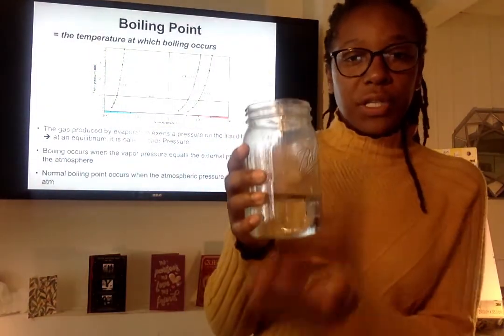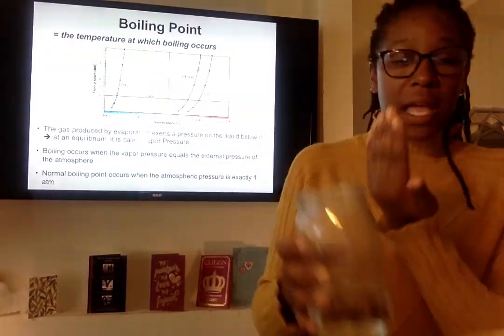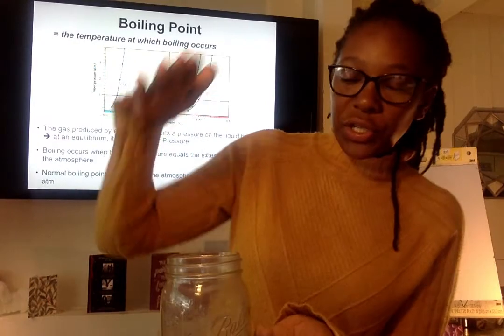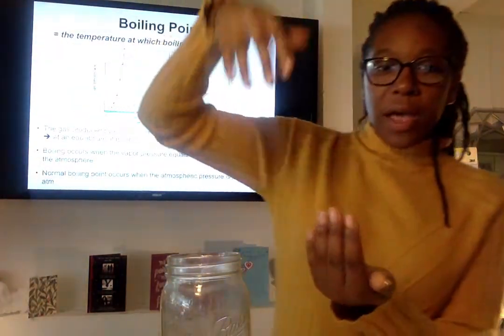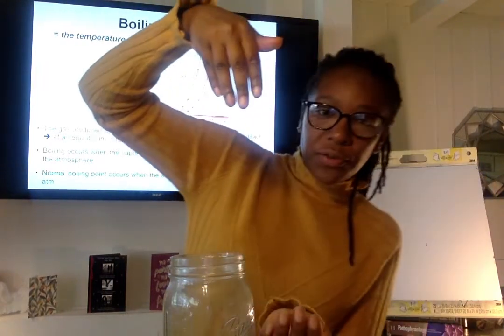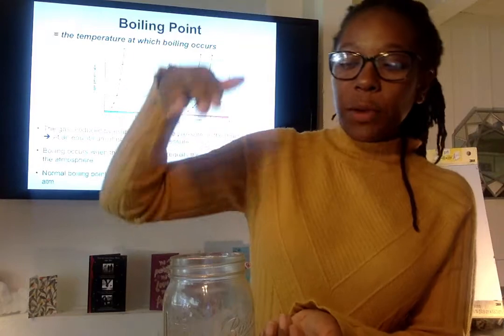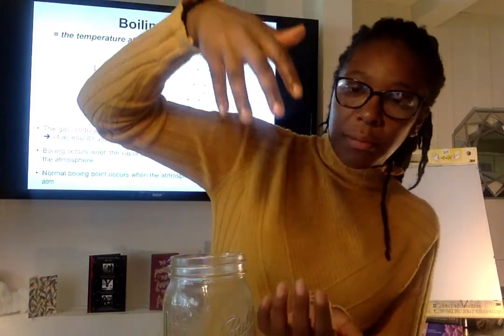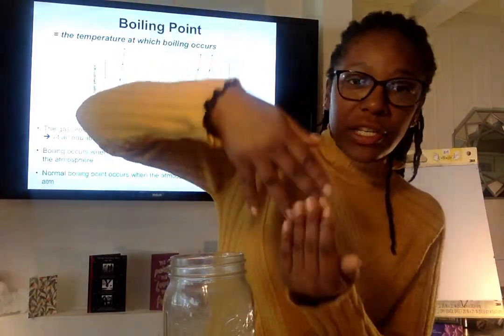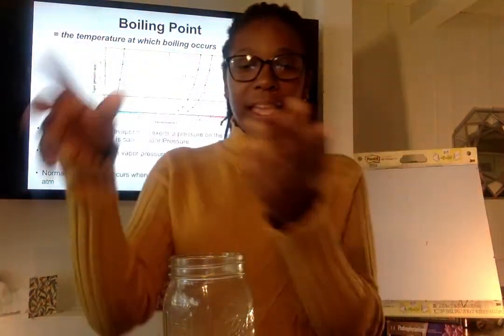It's like a little pressure cooker. Pressure, pressure, pressure, and then there's also the environmental pressure. So now you have these two different pressures that are colliding. You have the pressure from the glass or from your pot, from the liquid, and then you have the external pressure. These two combine and hit each other, and that creates this boiling effect.